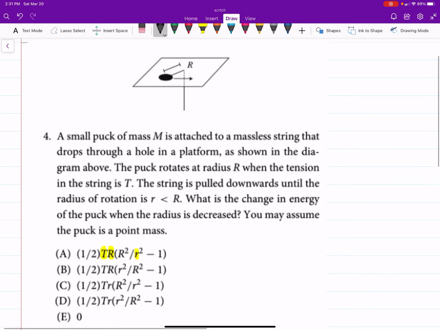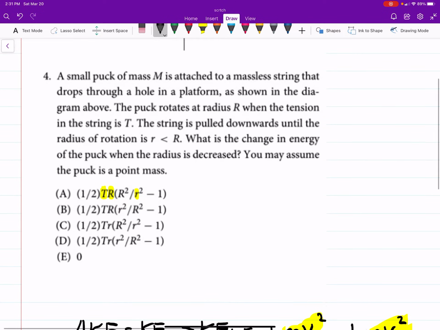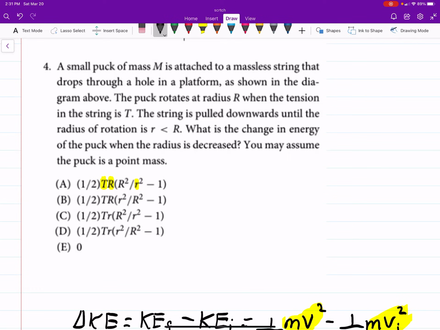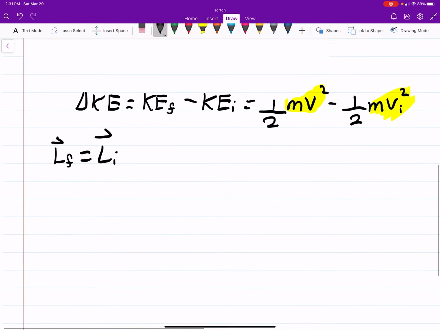Angular momentum is conserved since there are no external forces that would not allow that. The other reason is it mentions it's a point mass, so we're going to use the fact that the moment of inertia for a point mass is m r squared, and the r will depend on whether we're looking at the initial or final.